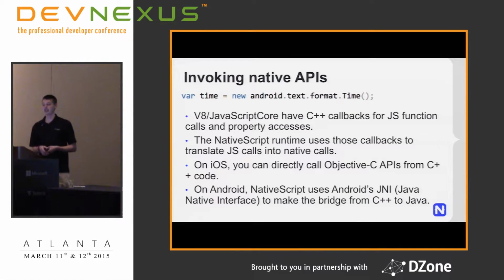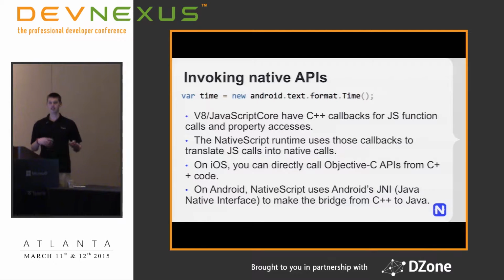The answer is actually, again, in those C++ APIs. One of the things those JavaScript VMs let you do is register callbacks. And you can think of callbacks almost like the concept in JavaScript, in that these JavaScript VMs say, every time something happens in JavaScript, there's some C++ code that you have the potential to run if you want to.